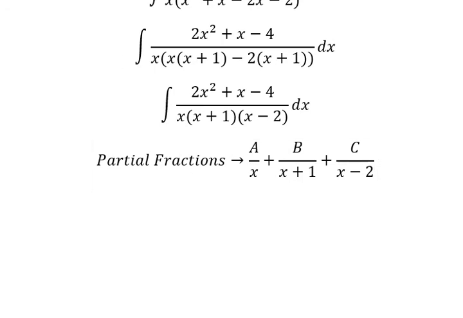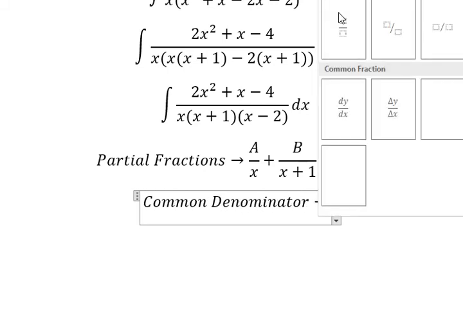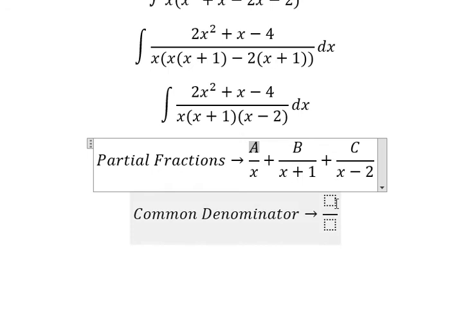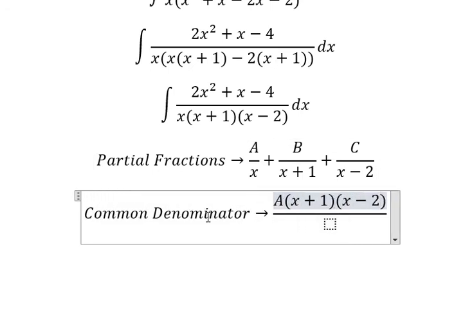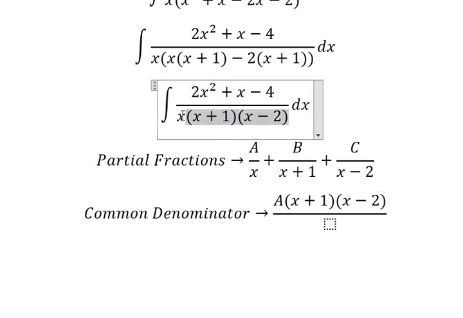So we do common denominator. Because we have capital A in here, we have S plus 1, S minus 2, because in this one, we are missing S plus 1 and S minus 2 compared in here.